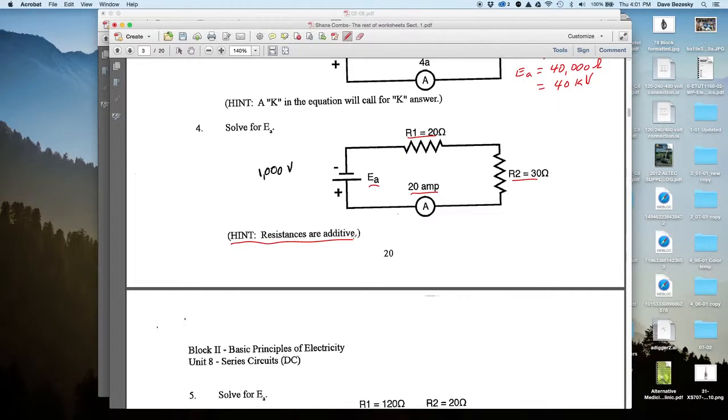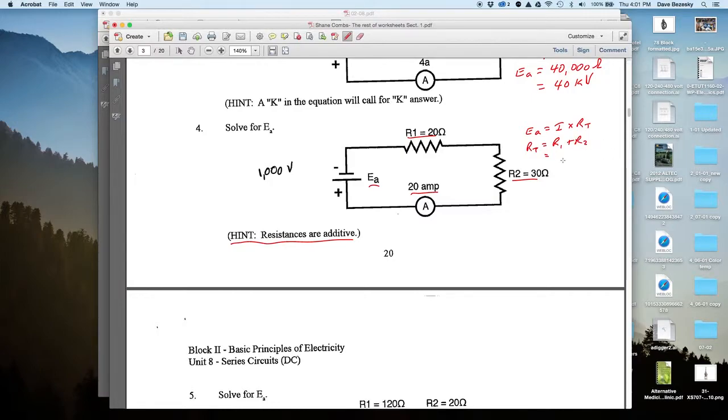So what he wants you to do is simplify this a little bit and say, okay, EA is equal to I times RT, total resistance, or total opposition to current flow. What's the total opposition to current flow in this question? RT is equal to R1 plus R2.